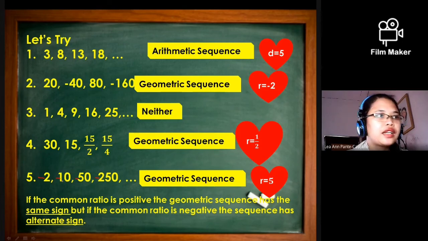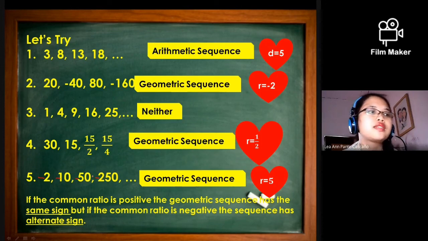Okay? Negative 10 times positive 5, still the answer is negative 50 times positive 5 is negative 250. Therefore, tama po yung condition dito. If the common ratio is positive, the geometric sequence has the same sign. Okay po. Yung terms po na meron tayo has the same sign.